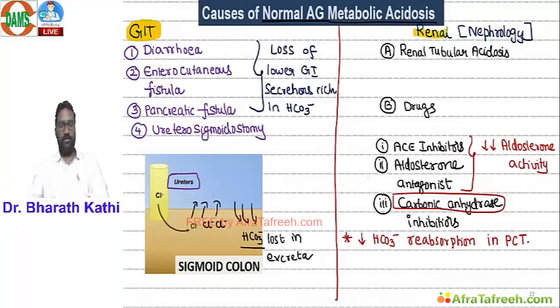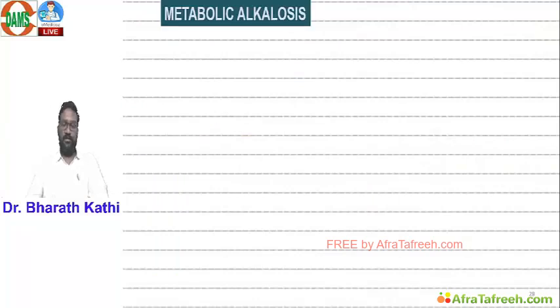GIT causes, renal causes. Next, coming to metabolic alkalosis. This metabolic alkalosis is classified based on two types of classification. First is based on mechanism.